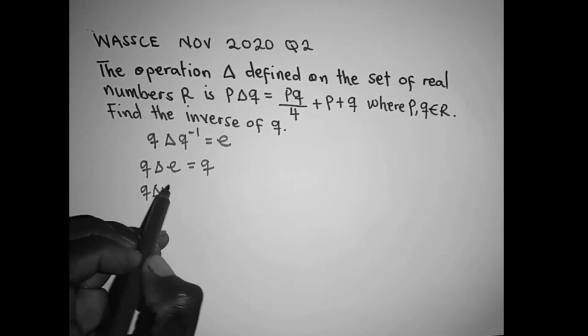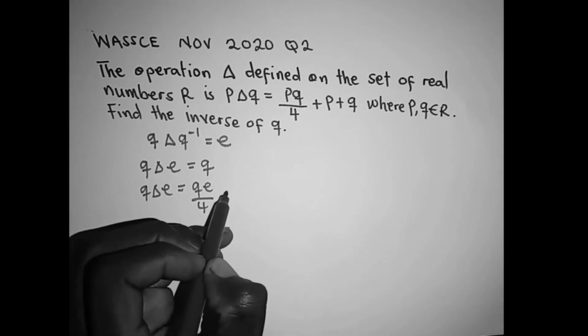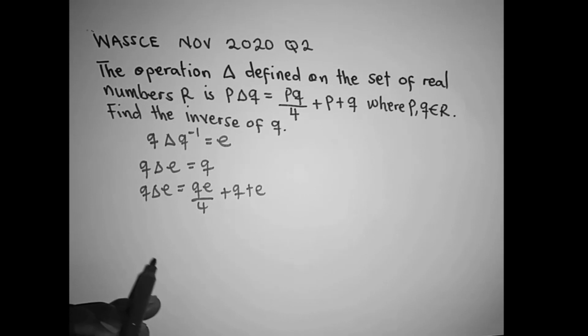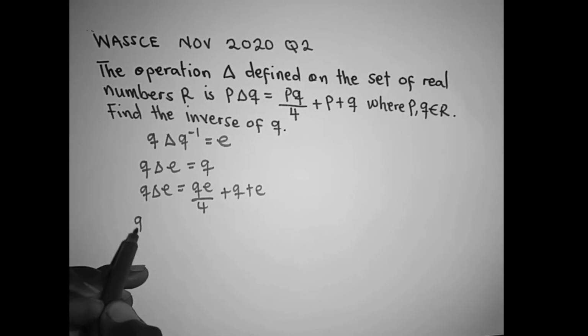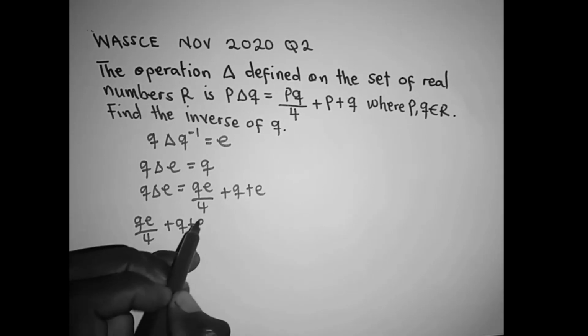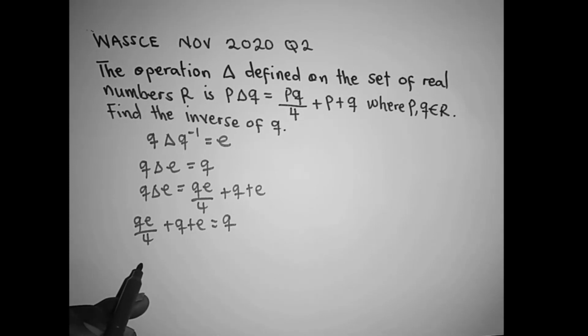Q operation E equals QE over 4 plus Q plus E. We'll then take this result and equate it to Q. So QE over 4 plus Q plus E equals Q. So we'll then find E. Now let's multiply through by 4.